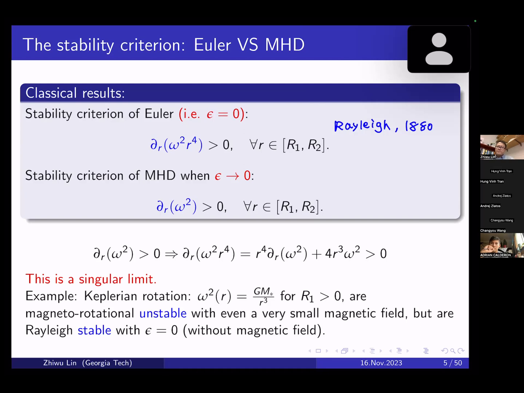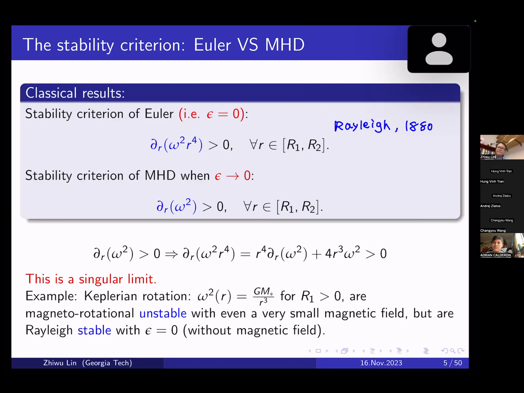A very important example is Kepler rotation, where omega squared is equal to a constant over r cubed. For Kepler rotation, we can easily check that this profile is Rayleigh stable, but it's not stable according to the criterion that partial r omega squared is greater than 0. Why is this example important?